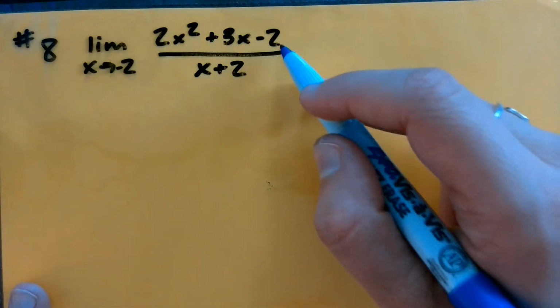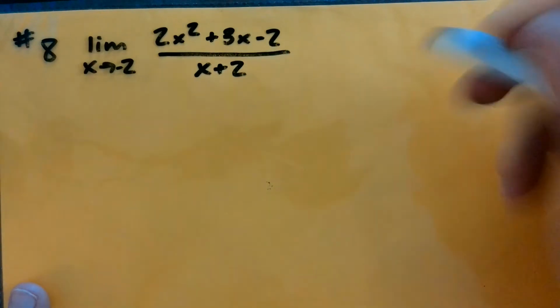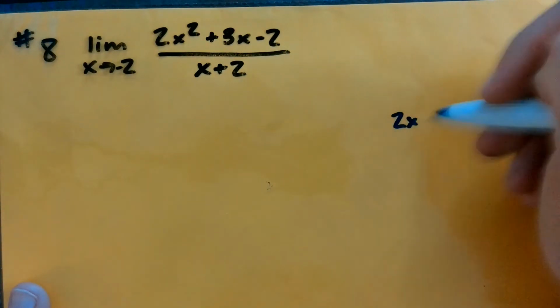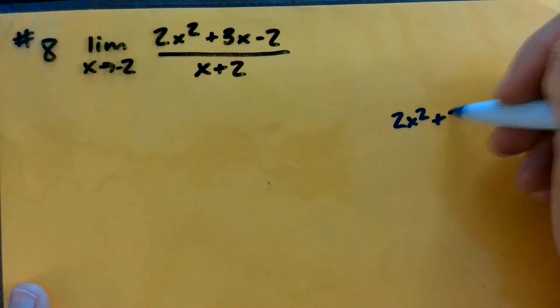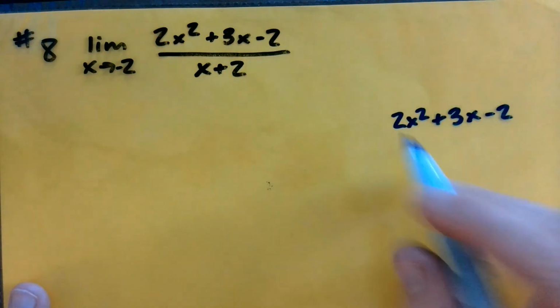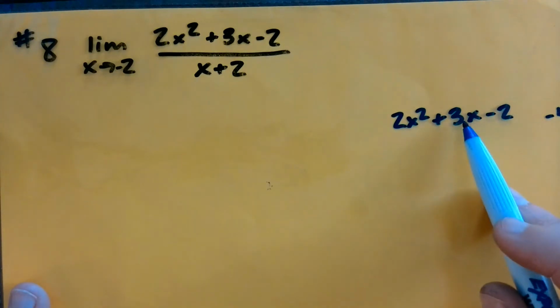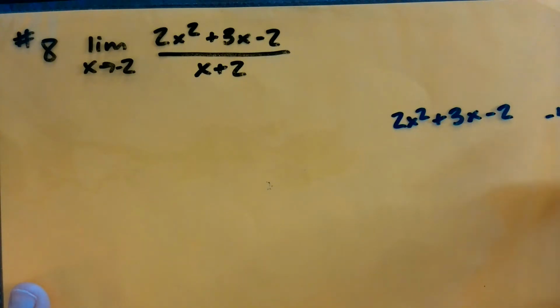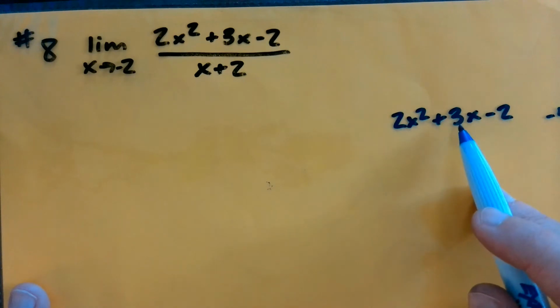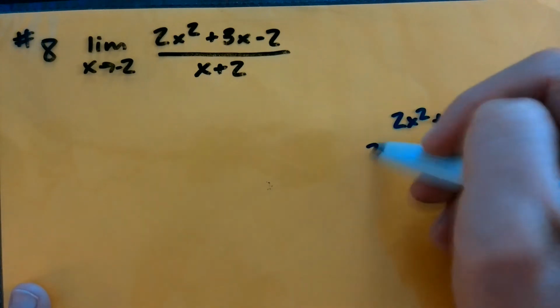So this is a different type of factoring, so I might go off to the side and look at my factoring where I'm multiplying my first and my last number to get that -4, trying to split up that middle term by looking for numbers that multiply to be -4 but add to be a +3.